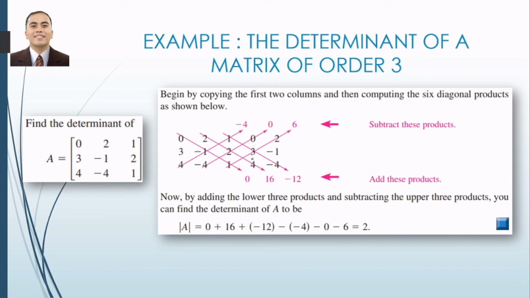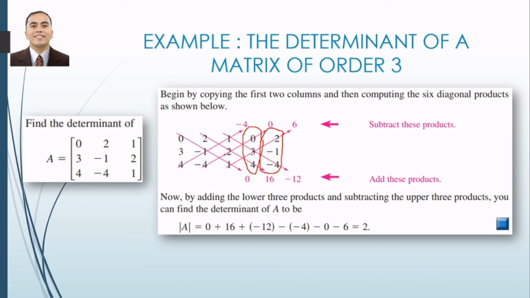Again, we need to copy the first column, which is 0, 3, and 4, and the second column, which is 2, negative 1, and negative 4. So applying the alternative method of solving the determinant, we have the following. Again, we need to add the products of the main diagonals, then subtract the products of the second diagonals.